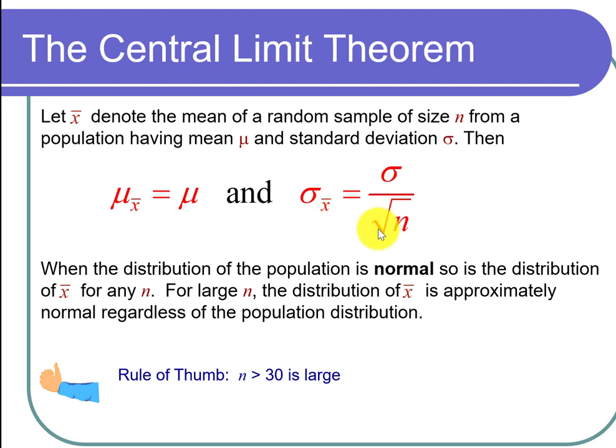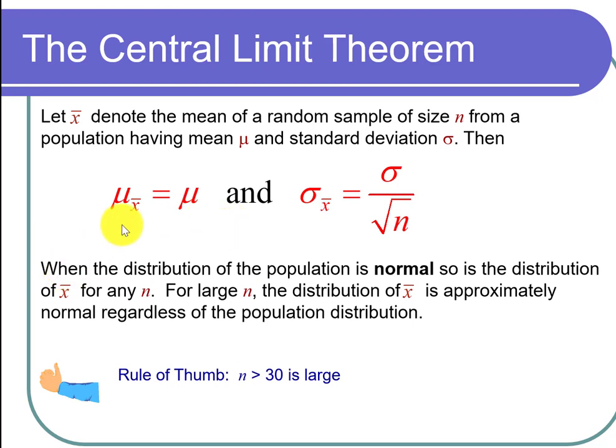So that means if you have a very, very small sigma sub x bar, and you happen to randomly grab one sample of that size, then it's very likely that the sample mean from that sample will be close to the population mean. Because if the standard deviation is small, you're very likely to be close to the population mean, which is mu sub x bar, which happens to be mu.